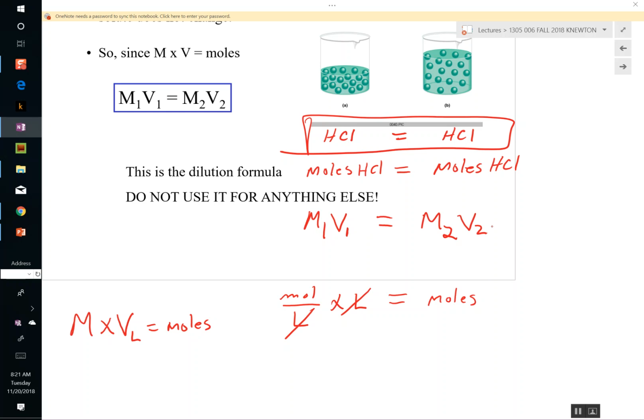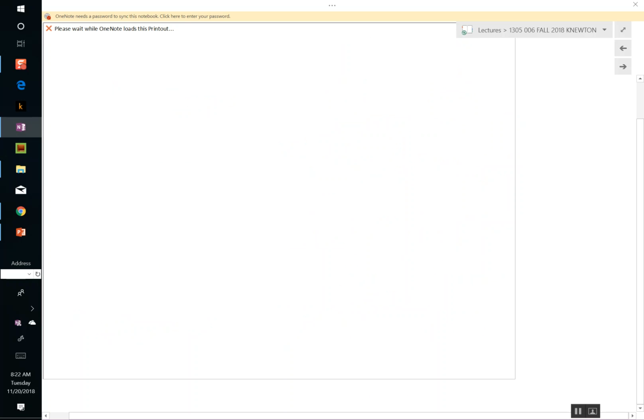That equation that you see on the slide, M1V1 equals M2V2, is flowing directly from this concept: that the amount of HCl in the original concentrated solution is equal to the amount of HCl in the dilution, because all we're doing is adding water. All right, so let's see how we would use this equation.